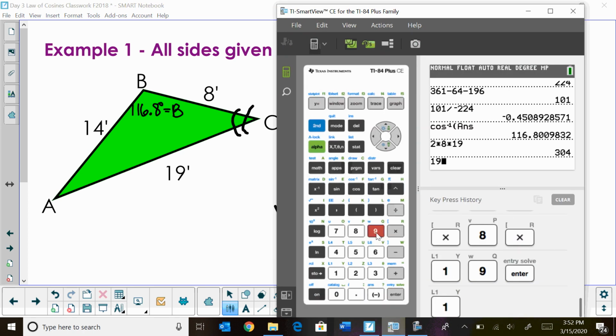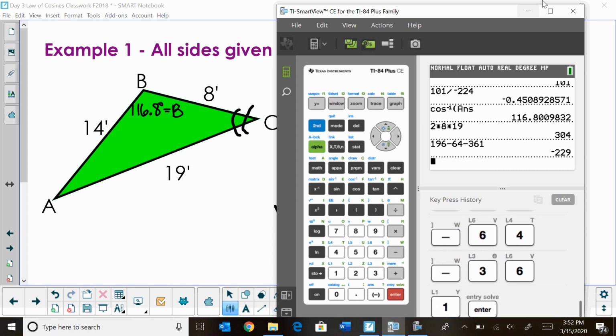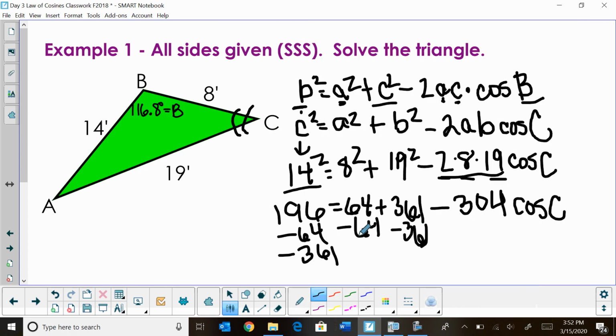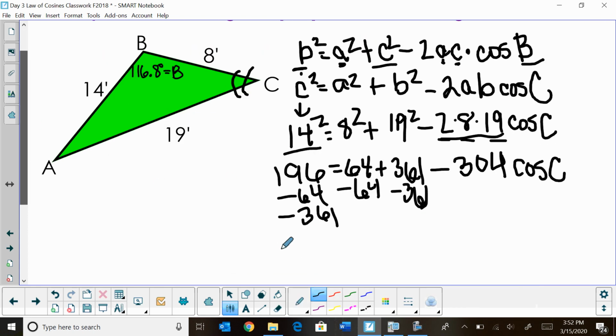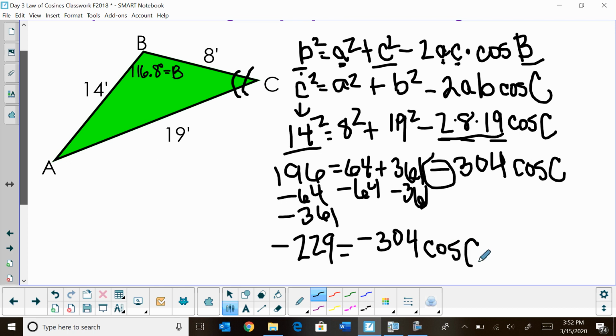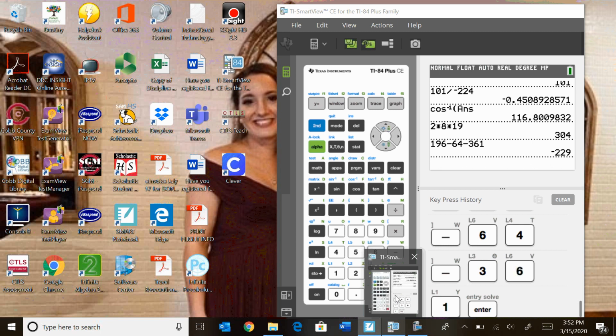And let's grab our calculators. So 196 minus 64 minus 361. And that gives us negative 229. So we have negative 229 is equal to, and again, I have to remember to bring down this negative, my coefficient, negative 304, cosine C. Let's divide 229 by 304.